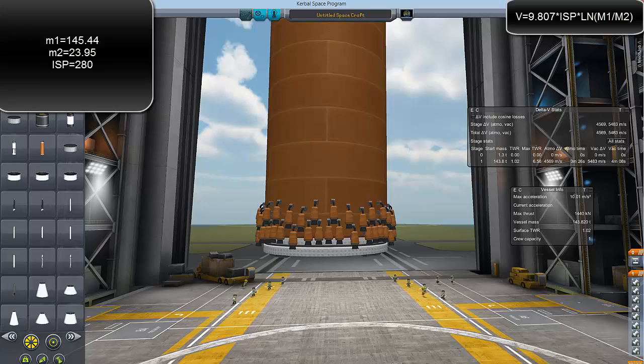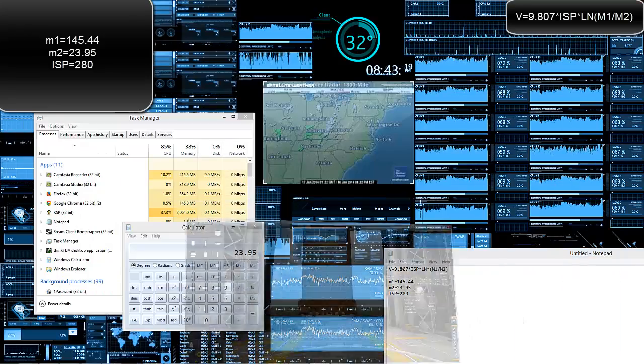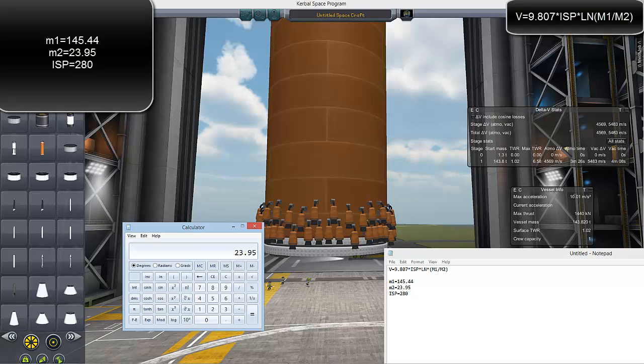Once you figure all that out, what you need to do is take M1, which for this is 145.44, divided by M2, which is without fuel, 23.95, equals that.